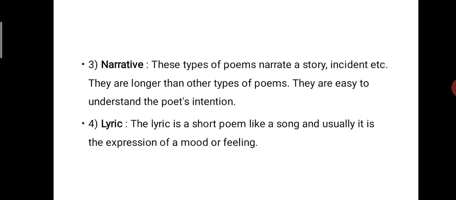If we see the example of The Rime of the Ancient Mariner, we can understand how it is a narrative poem. They are longer than other types of poems. It is easy to understand the poet's intention. Next is lyric. The lyric is a short poem like a song, and usually it is the expression of a mood or feeling. So there are those types of poems.